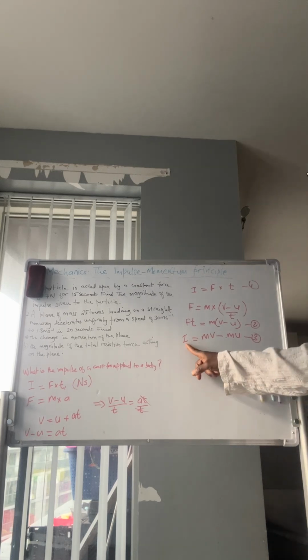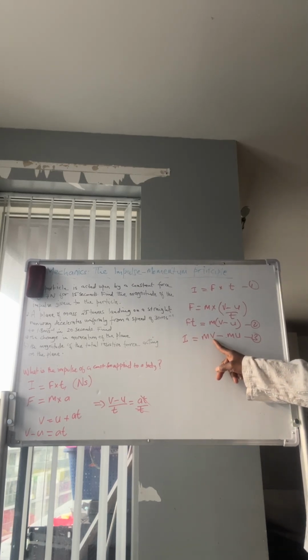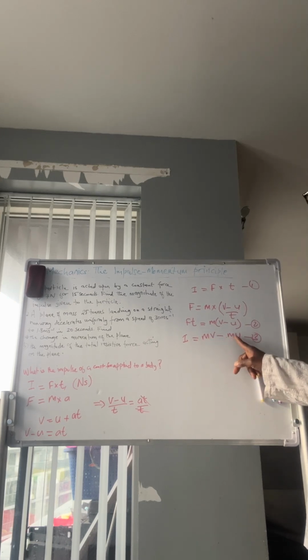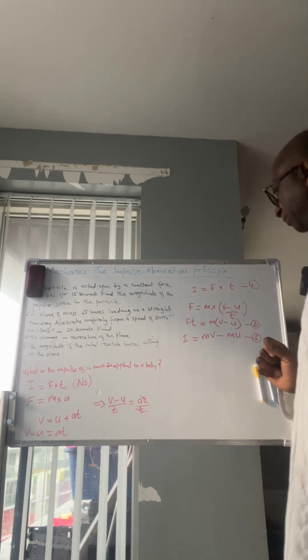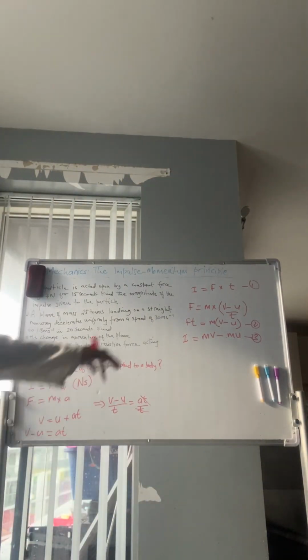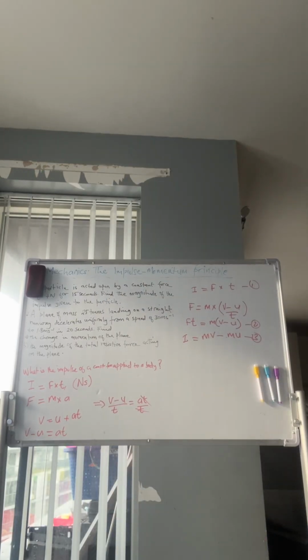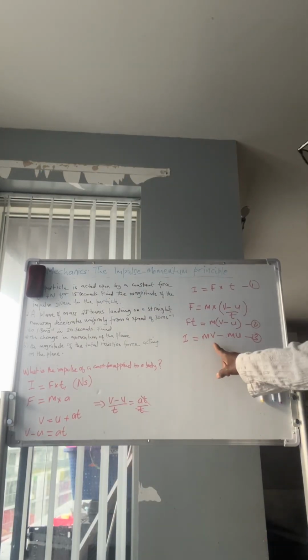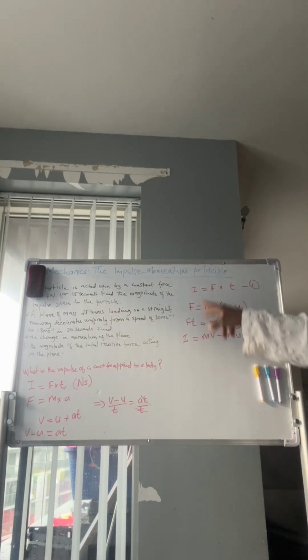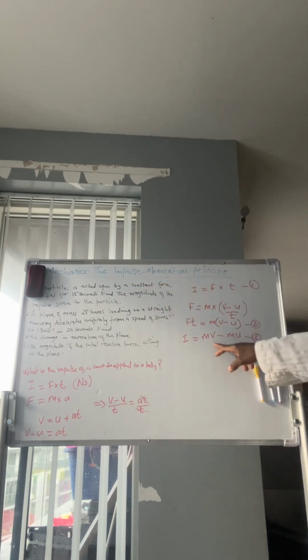So impulse is equal to the mass times final velocity minus mass times initial velocity. And what is this? This is momentum. You know this formula. So we now have a relationship between the impulse and momentum, which we call the impulse momentum principle.